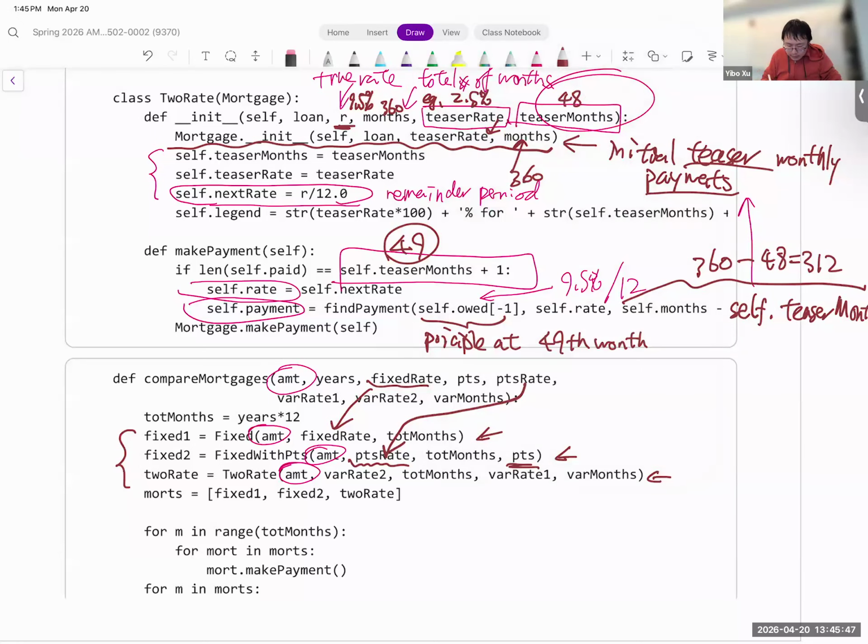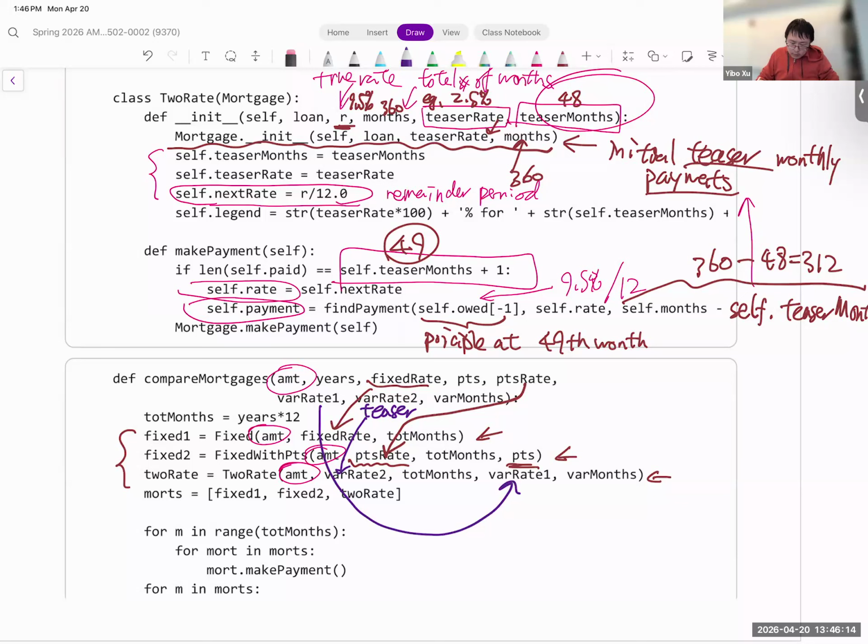That's where your rate two is the teaser. Let me put it in purple. So this is my teaser, and that's going to go here, and rate one is going to be the larger one that goes here.